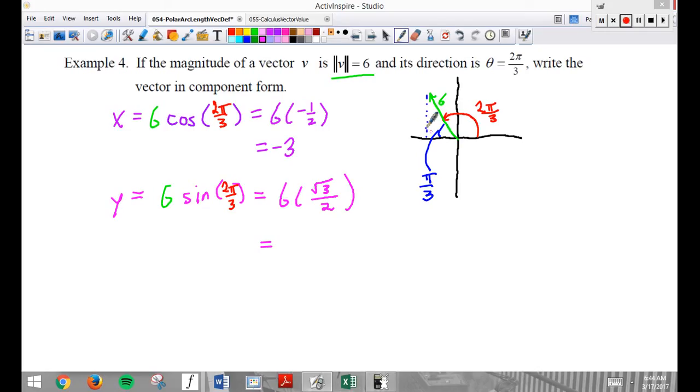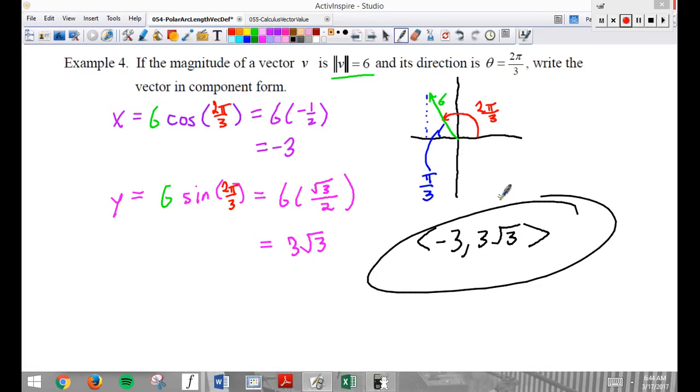It's by making a right triangle in my head like this. So then we have 3 root 3. So the vector in its component form, my answer would have to be negative 3 comma 3 root 3. It's not okay to just have these two. You'll get most of the points. You won't get all of the points.